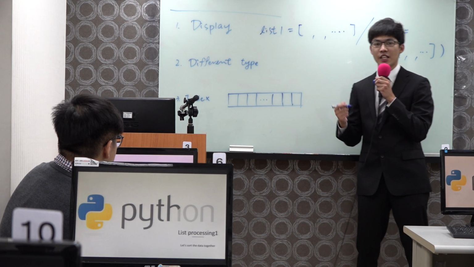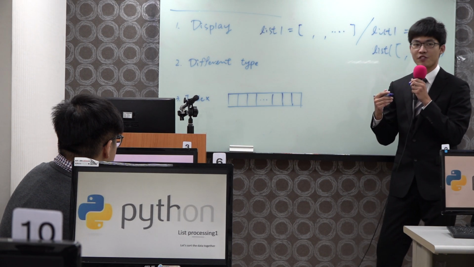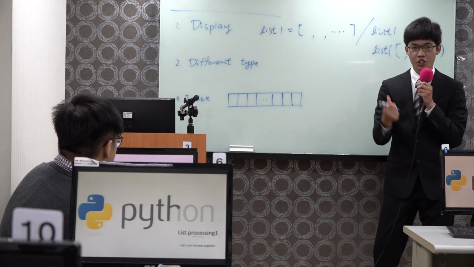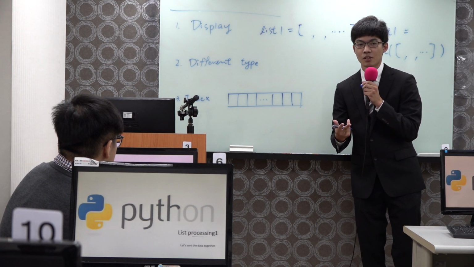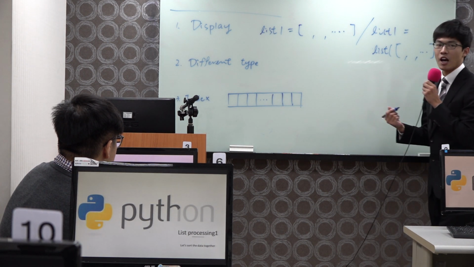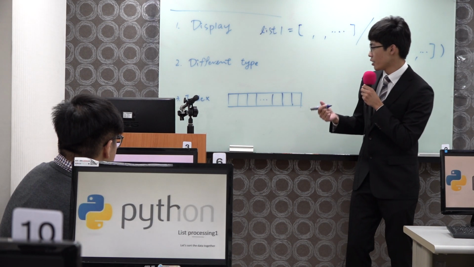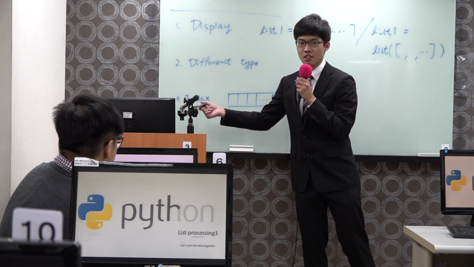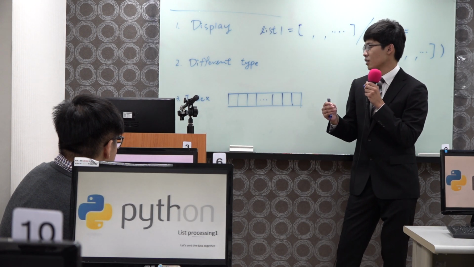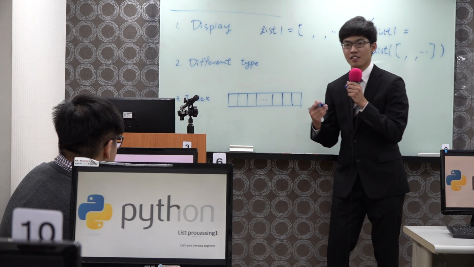The second point is the different types. In Python, a list can hold any types of data, like string, float, boolean, integer. Also, another list and a tuple can be put into the list. And the last is the index. Python, as we know, is zero-based indexing.